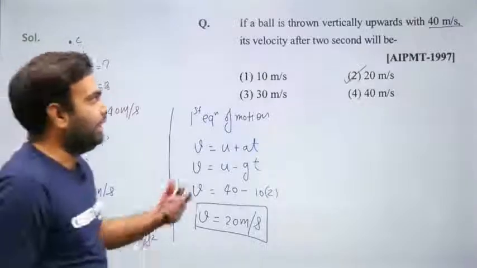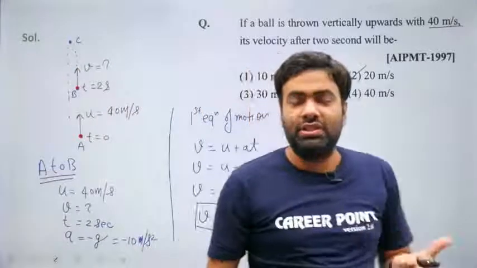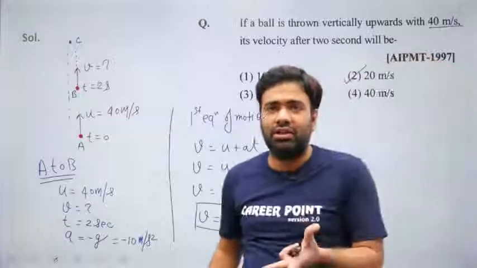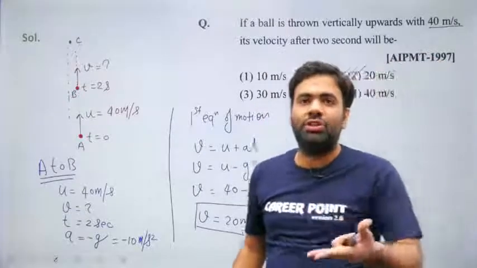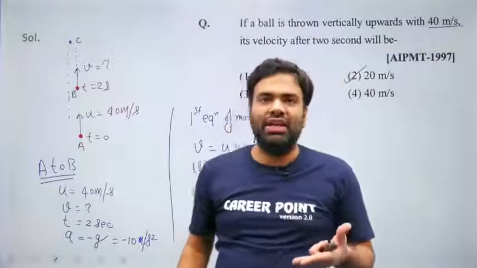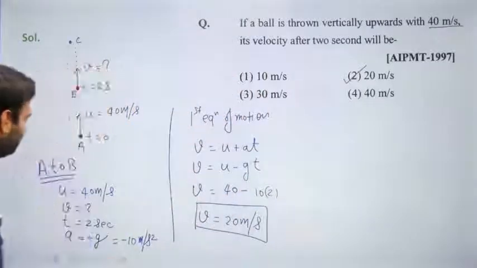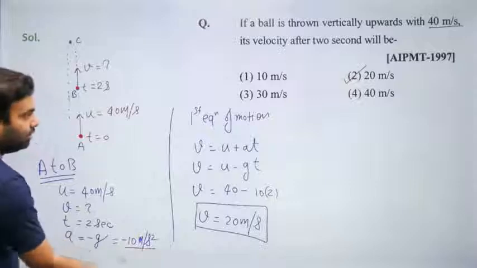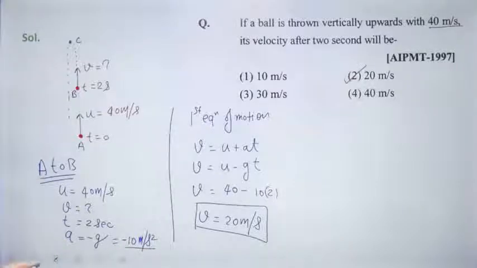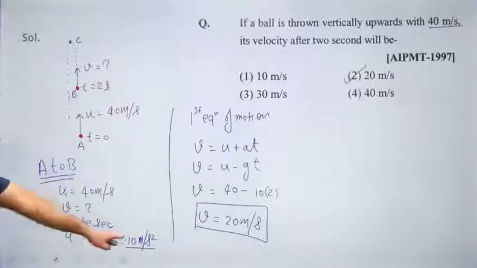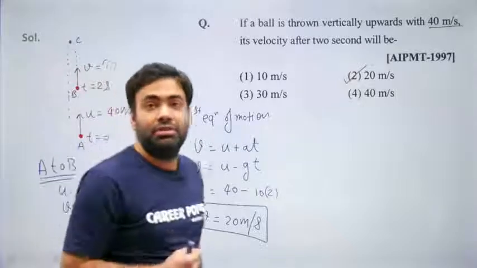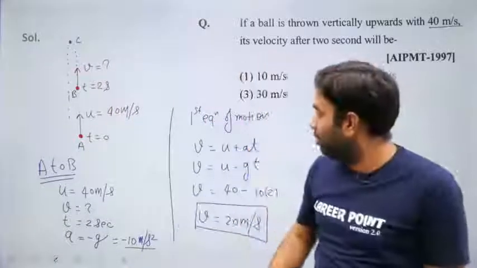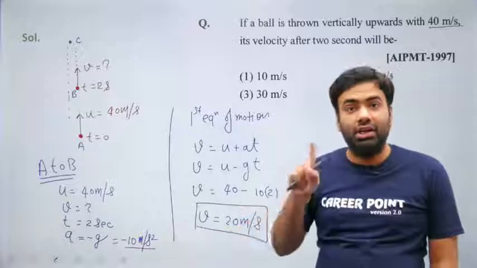So see, we can make a conclusion. What is acceleration? If acceleration is constant, we say acceleration is change in velocity upon time taken. What is the value of acceleration in this case? In this case, the value of acceleration is minus 10 meter per second square. That means the velocity will decrease by 10 meter per second in 1 second.